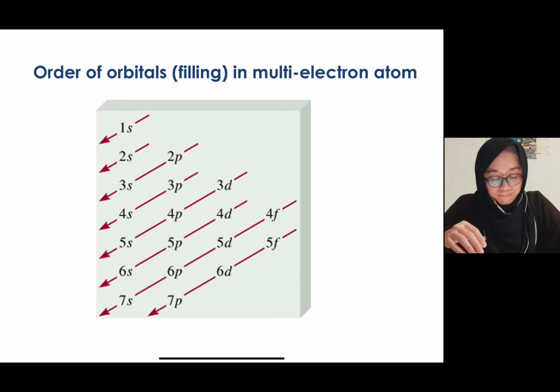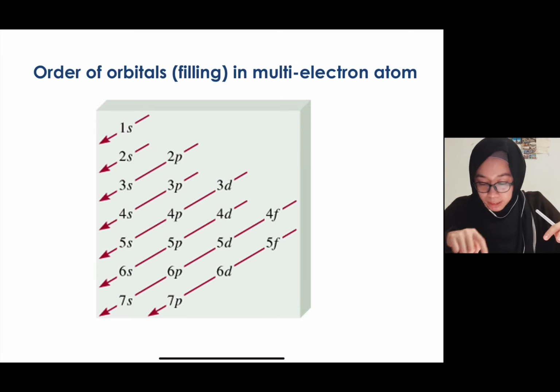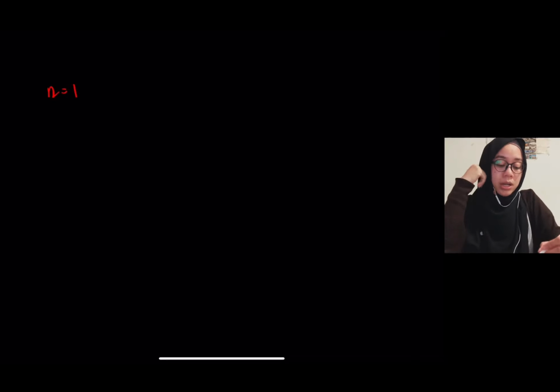You might not really understand what is going on here, so Miss akan tunjuk sekarang ni. If we have n equals 1, bermaksud orbital yang ada dekat situ adalah 1s. And then if we have n equals 2, we have 2s dengan 2p orbital.